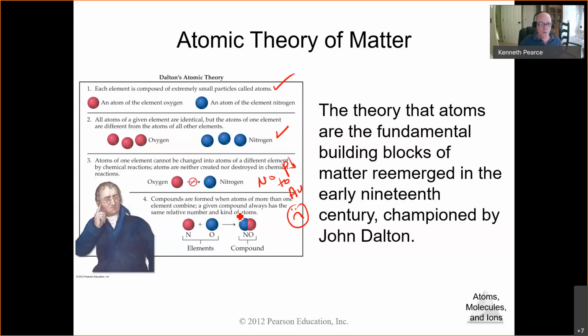Now, one thing that people get confused about is that elements cannot be broken down into simpler elements. Once it's an element, it can't be broken down. Whereas compounds can be reduced to simpler elements.